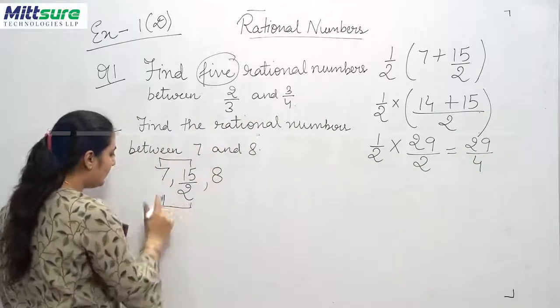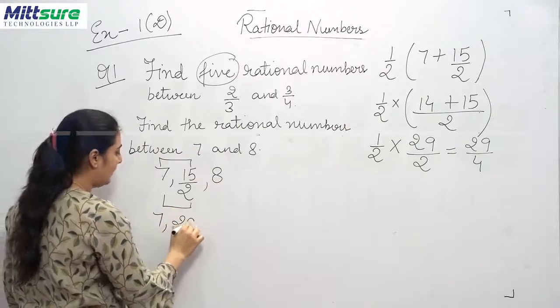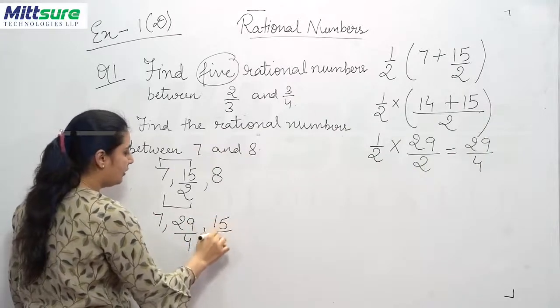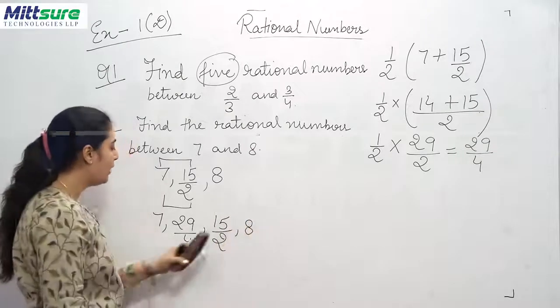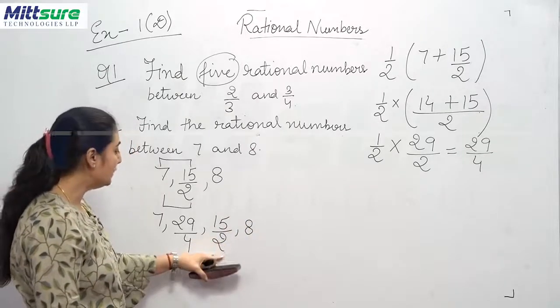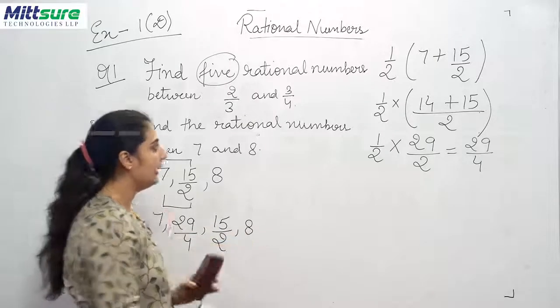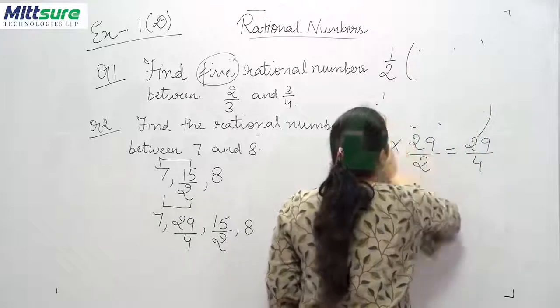So I will increase the range here. 7, then I get 29 upon 4, then I get 15 upon 2, then I get 8. Now I will find the middle number between 15 upon 2 and 8 using the same formula.